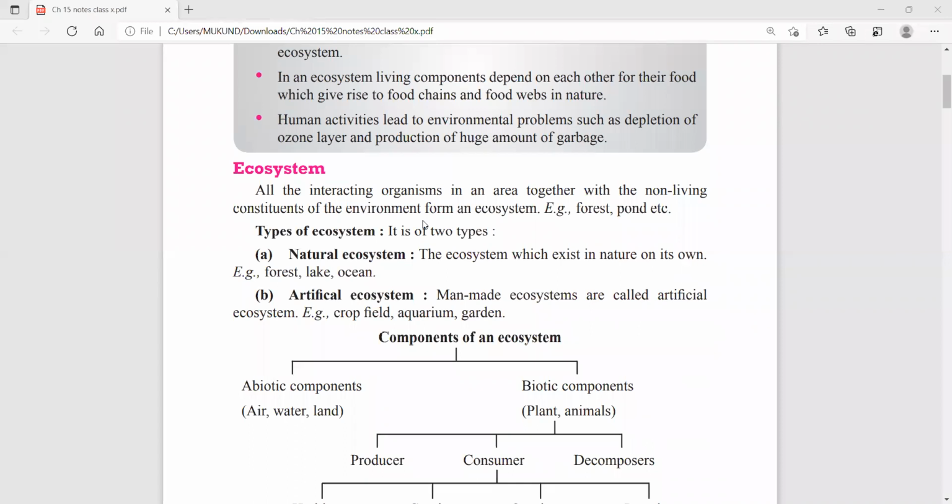That we are providing them artificially is a different thing, but that is the ecosystem of crops. They have soil, they have minerals, they get minerals from the air, they do nitrogen fixation and all. So that all leads to the ecosystem for the crops. That's why it is also a part of ecosystem.